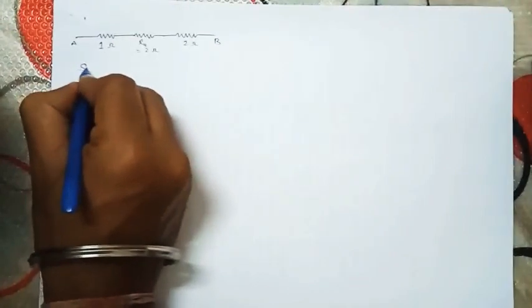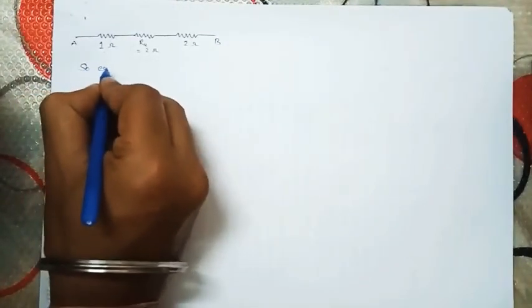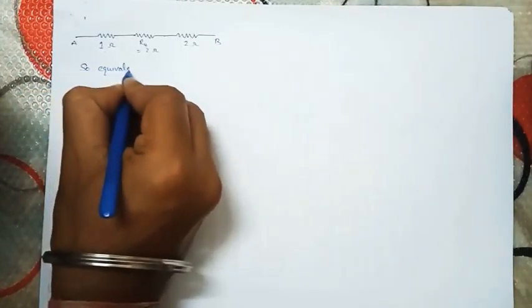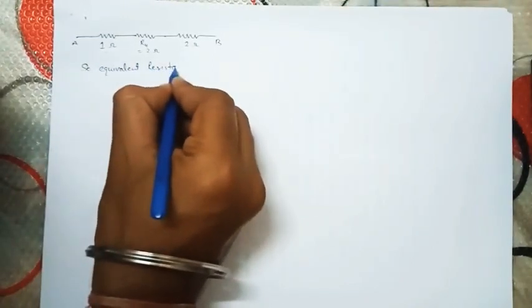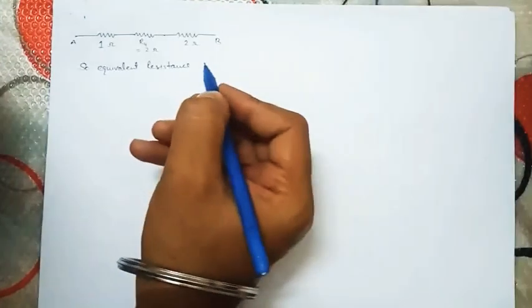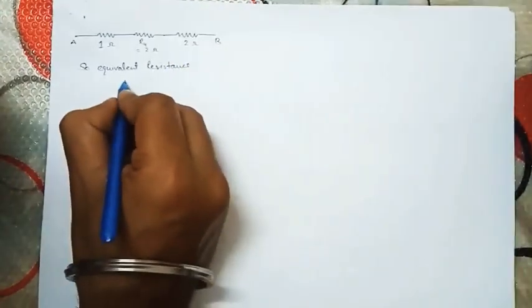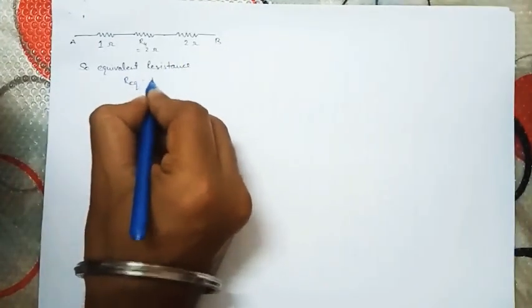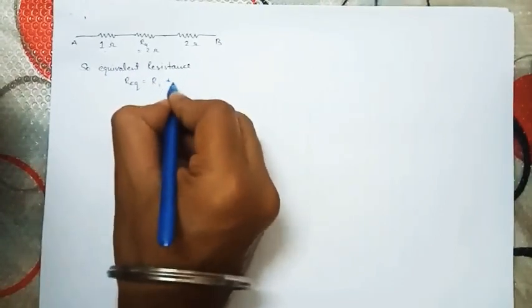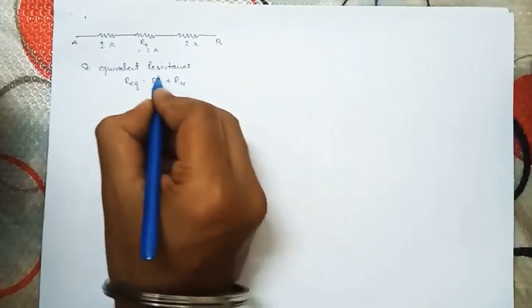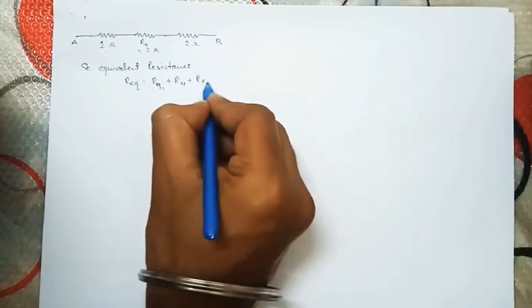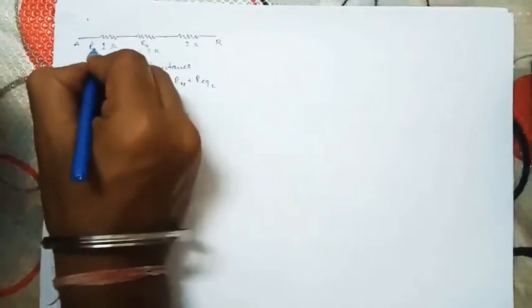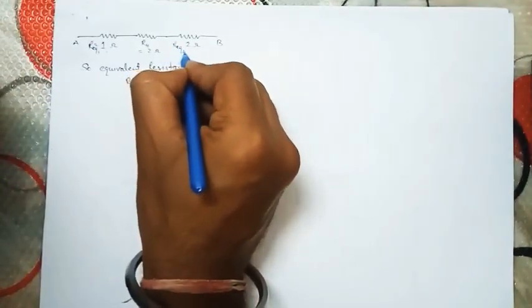So for the equivalent resistance, what is the formula in series combination? That is R1 plus R2 plus R3. Here it is R equivalent 1 plus R4 plus R equivalent 2.